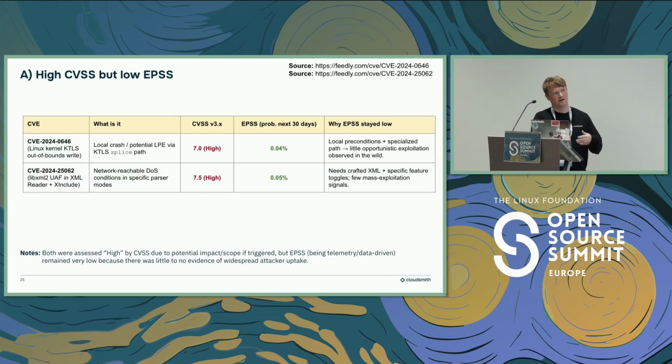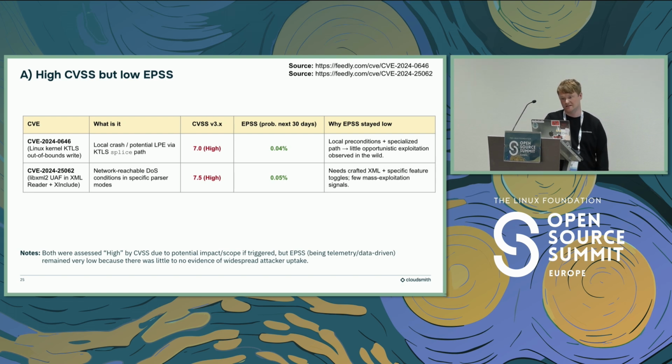So again, there are real examples of this where there's a high CVSS and a low EPSS. For example, this CVE at the top, the first one, it needed a specialized path for it to be achieved. So when they actually looked at this exploitation in the wild, you say, look, this is something no one's really going to get any luck with, even though it has that critical CVE that you see of 7 or high. Same with the other example.